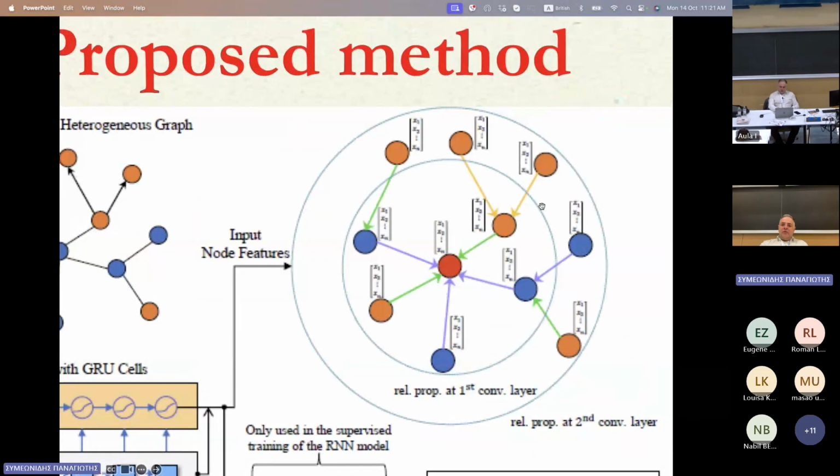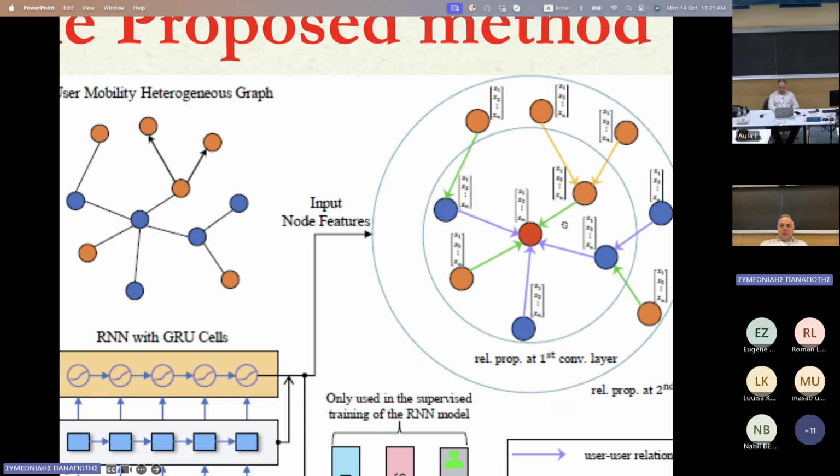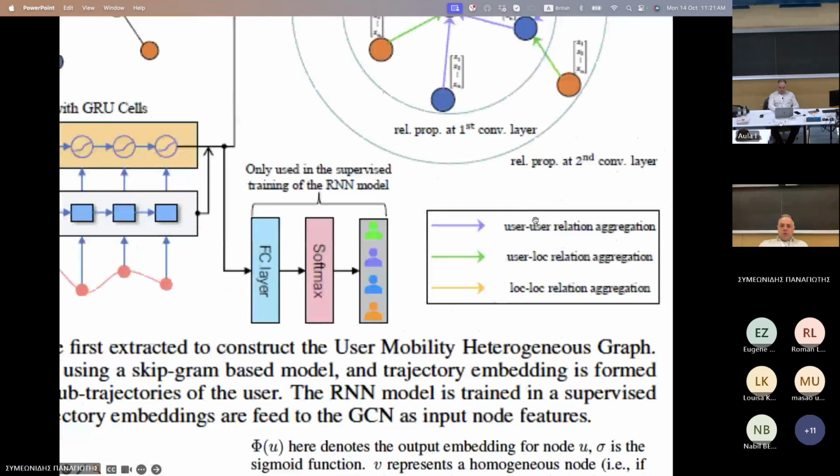And we have different arrows: the purple, the green, and the yellow. This means that there are different types of interactions between users or points of interest. The purple link is about user-user interaction, so it should be like a friendship. The green is user-location interaction.